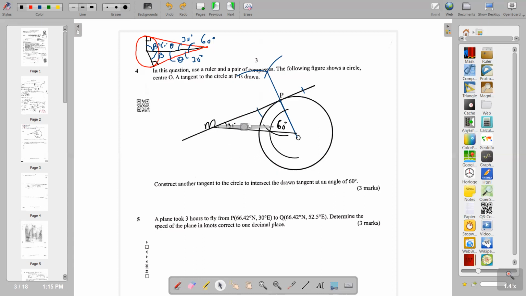Drawing a perpendicular bisector. You draw a line.